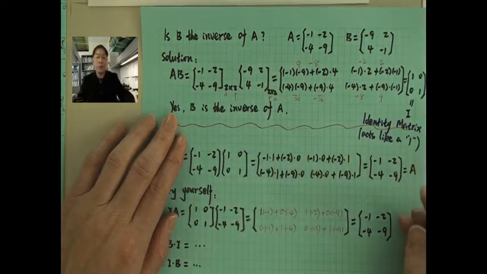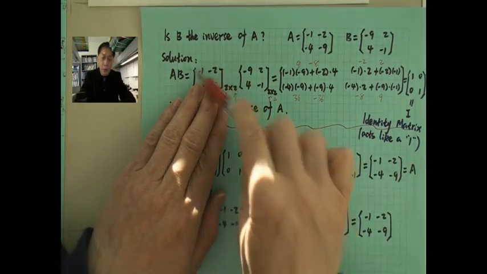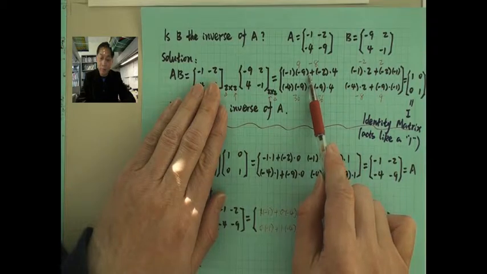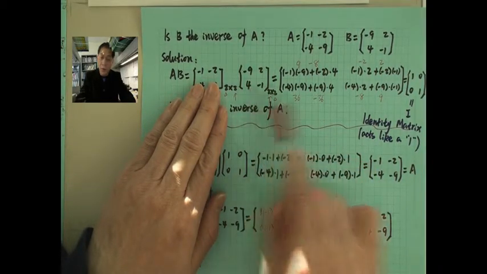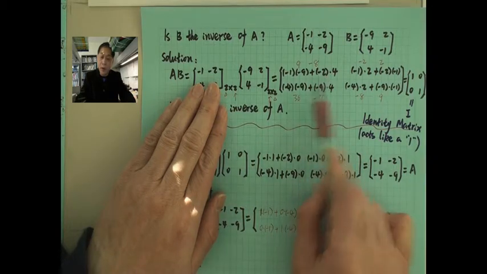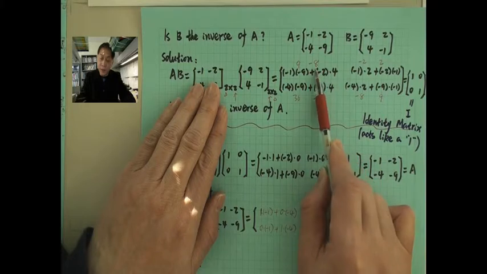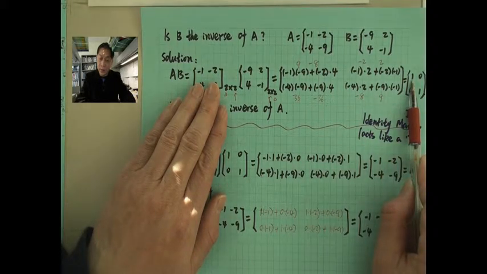So start with row 1 times column 1: negative 1 times negative 9, plus negative 2 times positive 4. Negative times negative is positive 9, negative times positive is negative 8. So 9 minus 8 is positive 1.